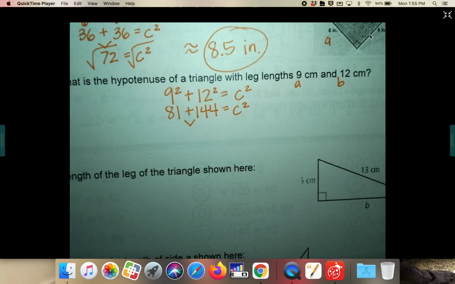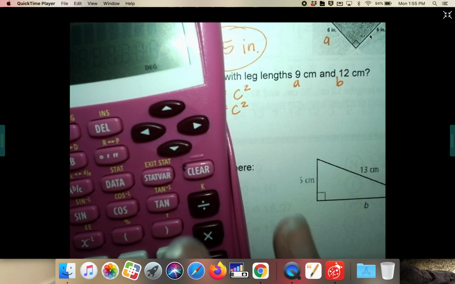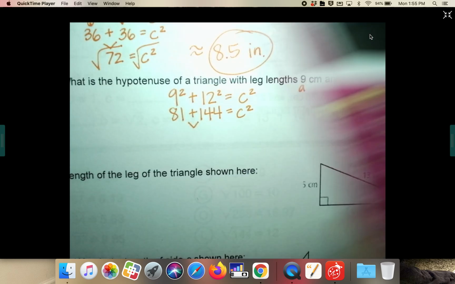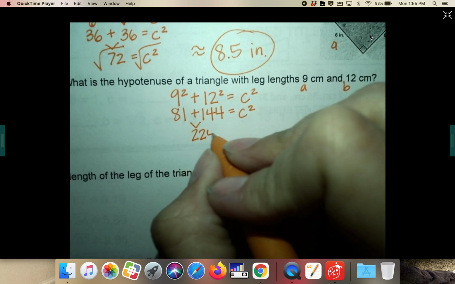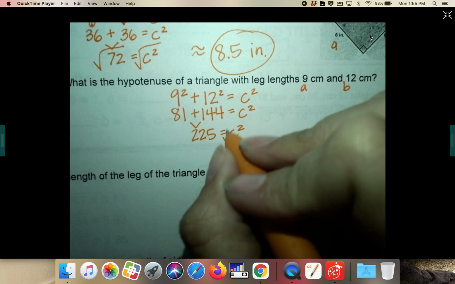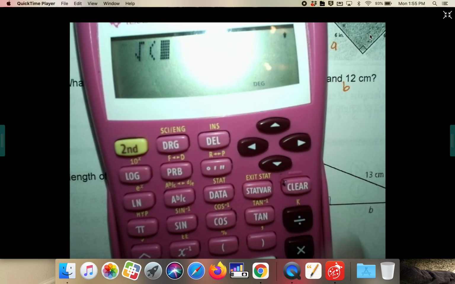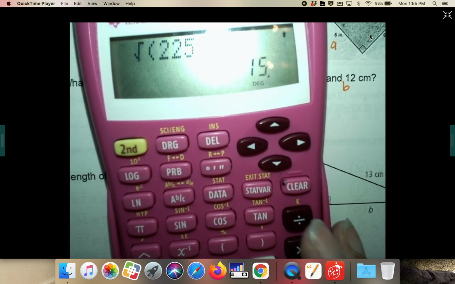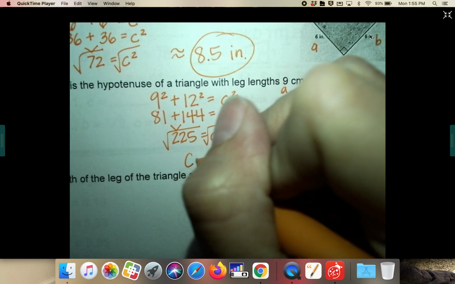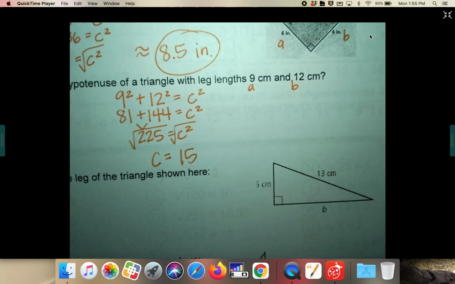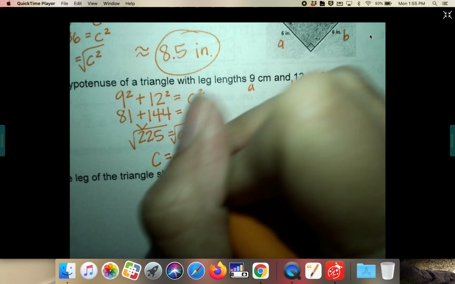If you add 81 plus 144, oops, sorry, it is 225. And if you take the square root of 225, it is 15. So this one came out evenly. So the hypotenuse is 15 centimeters.